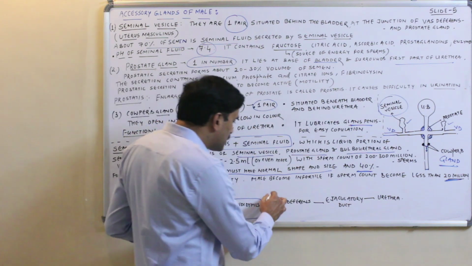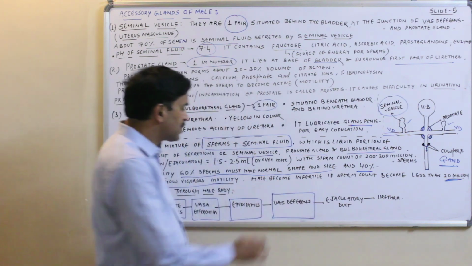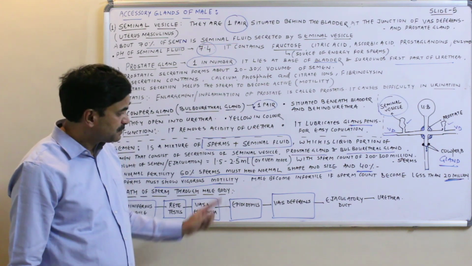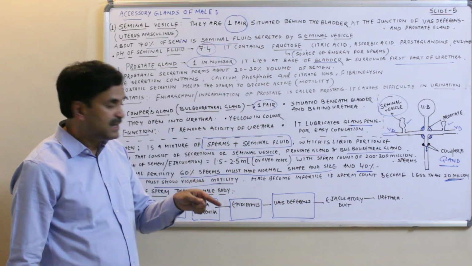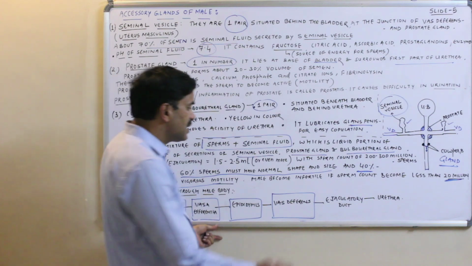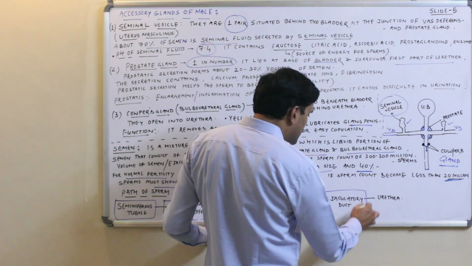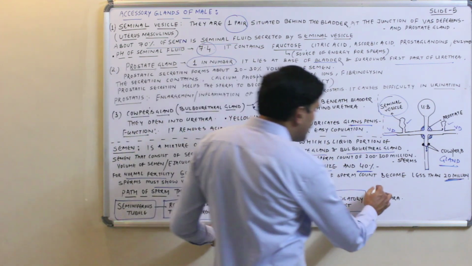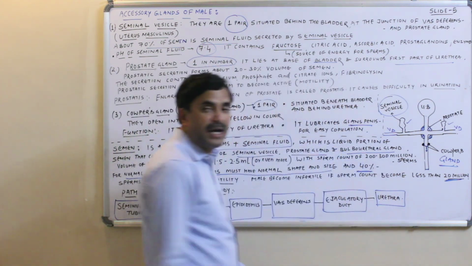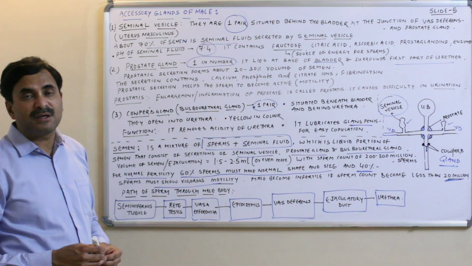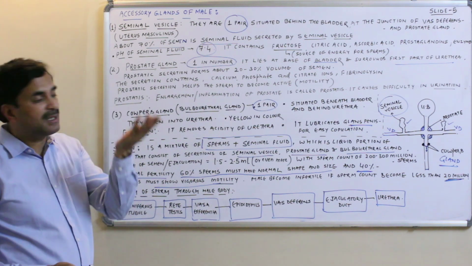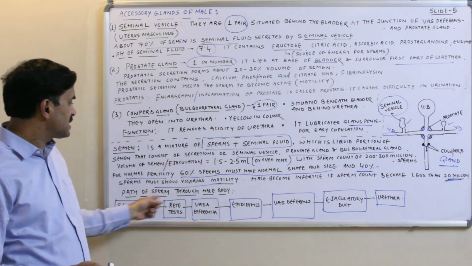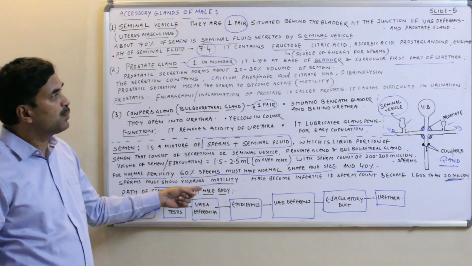From the cauda part of the epididymis, the vas deferens arises, which is also called the sperm duct. The vas deferens combines with the duct of the seminal vesicle to form the ejaculatory duct. The ejaculatory duct opens into the urethra, and from the urethra the sperms are released out. So this is the path of the sperm through the male body.